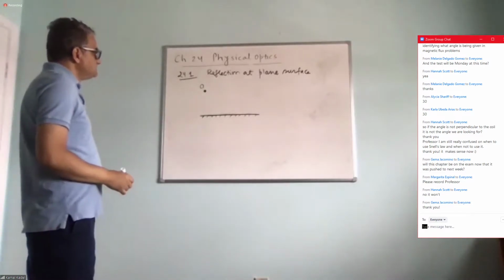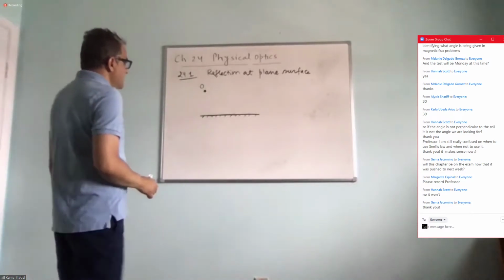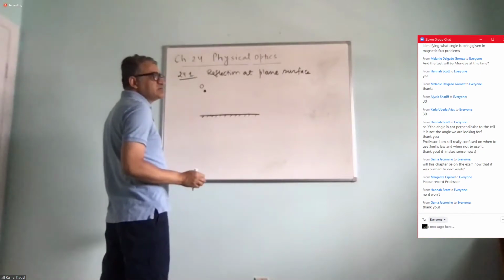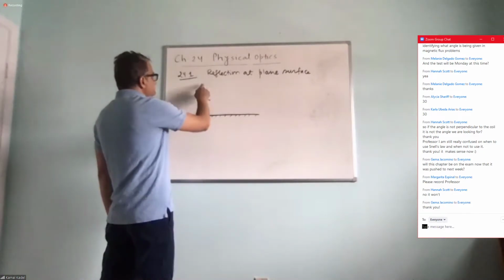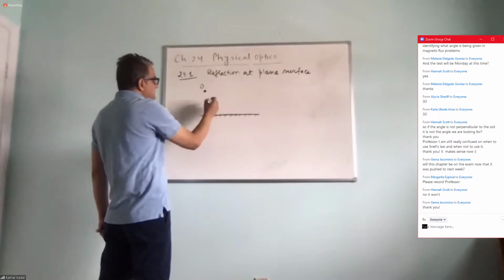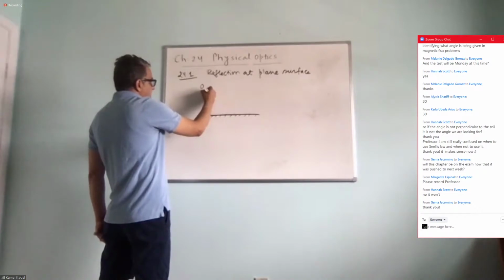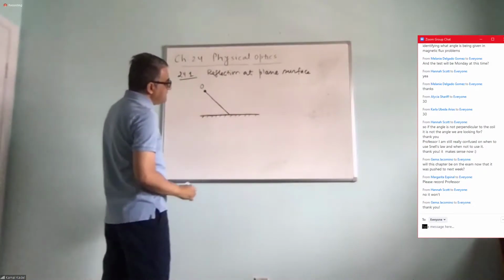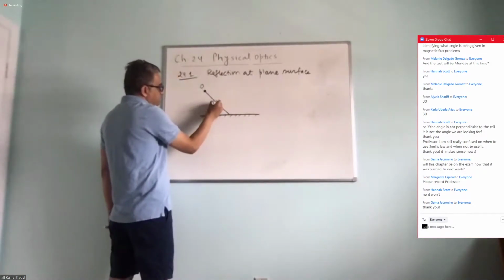Now, in this chapter, we usually stick with the point object, that's fine. So what happens here is that a light ray goes from this point object like this and strikes the mirror. Then what happens?